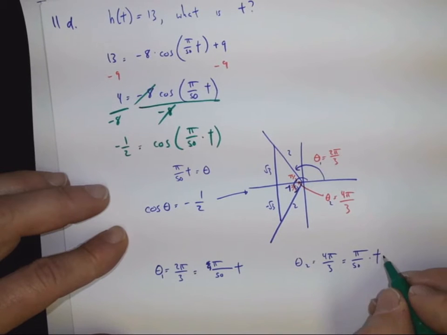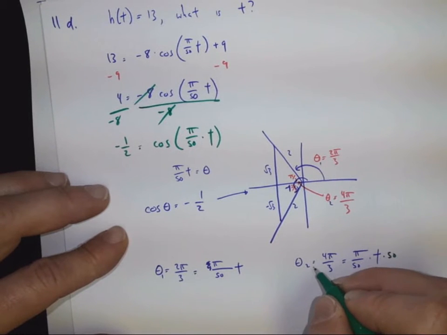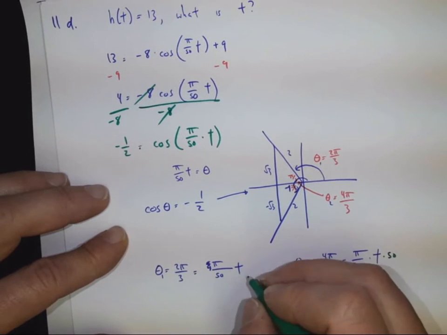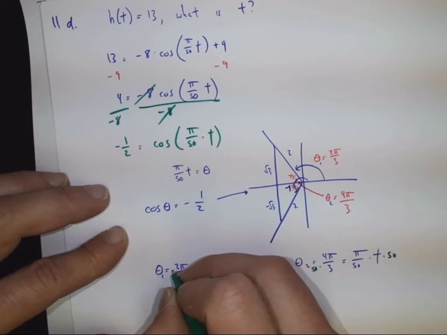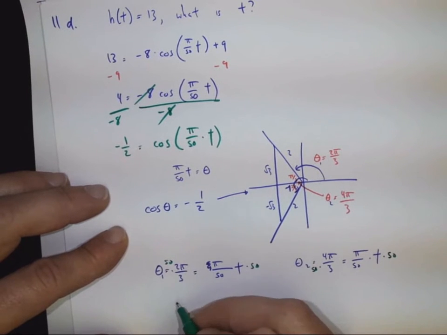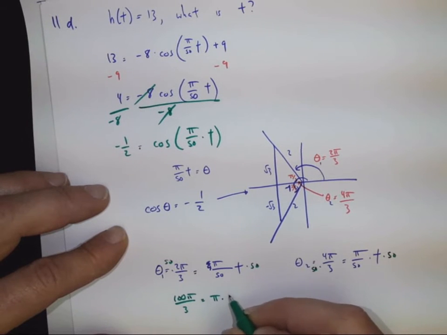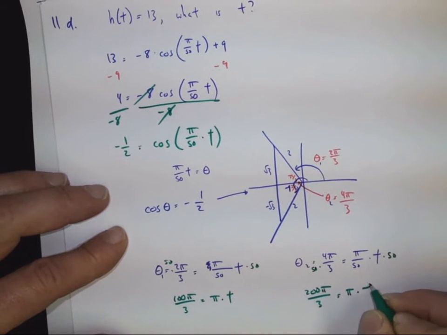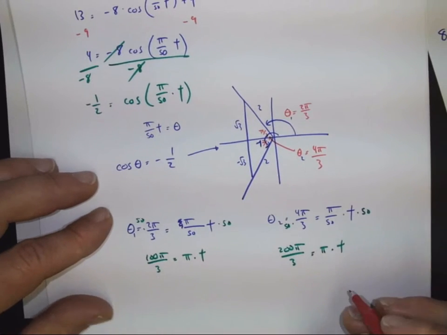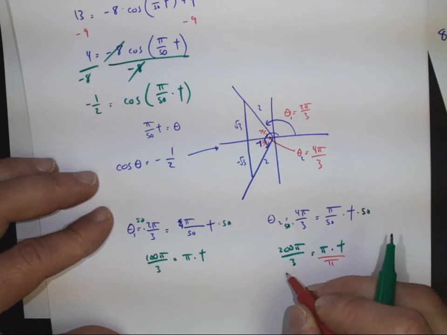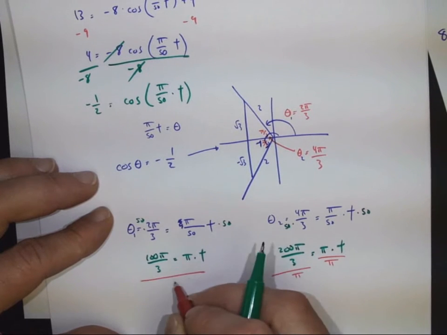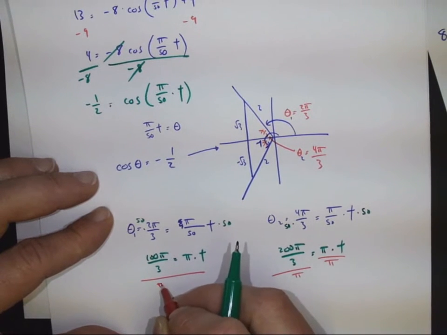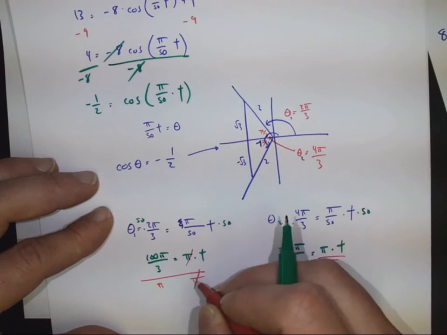So we're going to multiply by 50 on both sides, and we get 100 pi over 3 is equal to pi times t. And here we get 200 pi over 3 is equal to pi times t. And then we just divide both sides by pi. Okay, cancel those out.